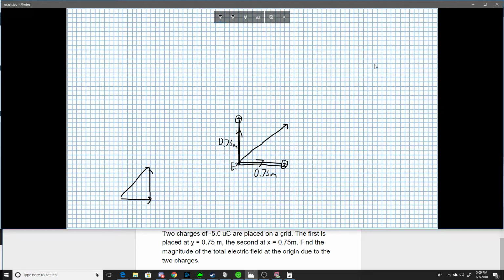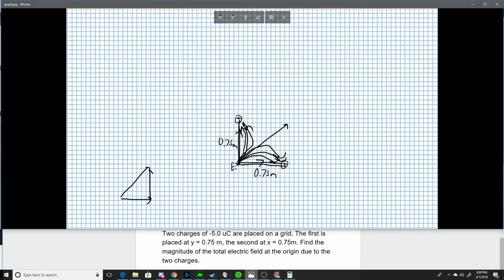That makes sense because at this point, the field lines are kind of repelling each other, especially since they're equal charge. We know these field lines are adding together to go in that direction. The big question is what's the strength of that electric field? When these electric fields are combined, what is the total magnitude here?